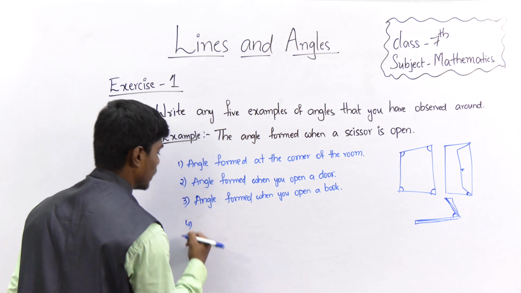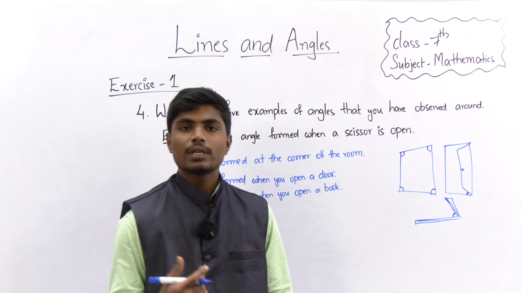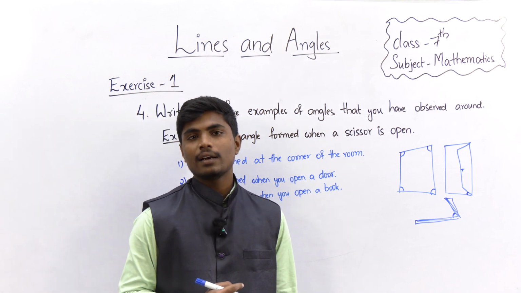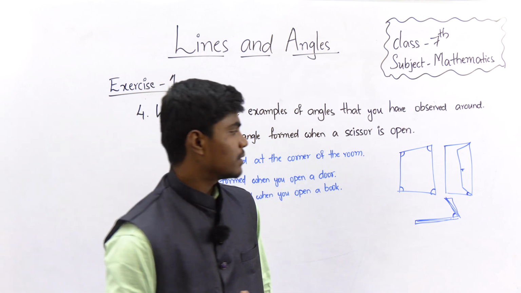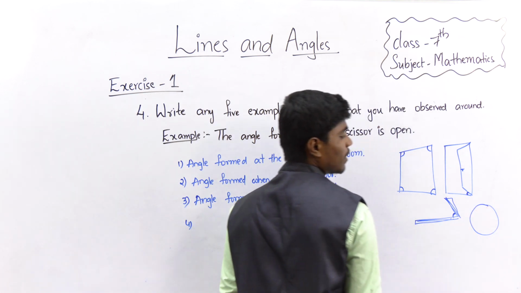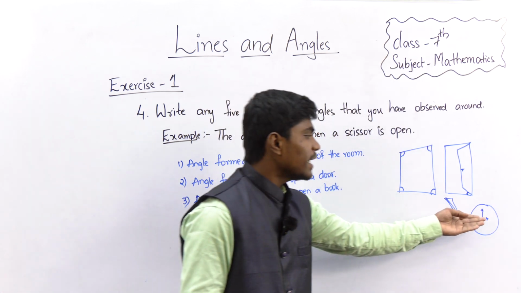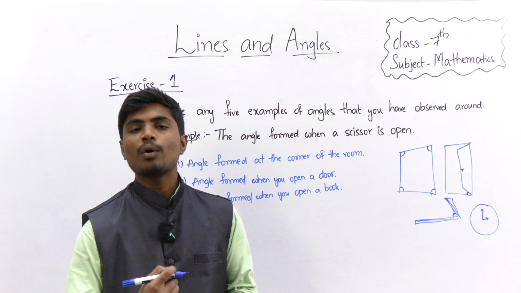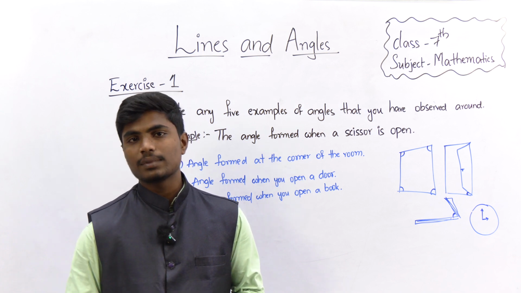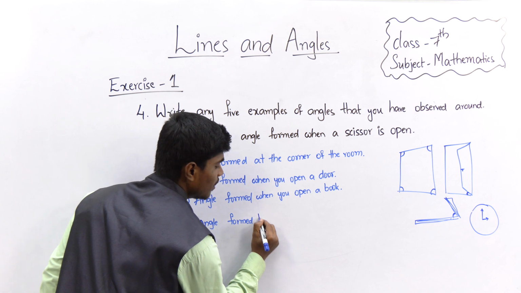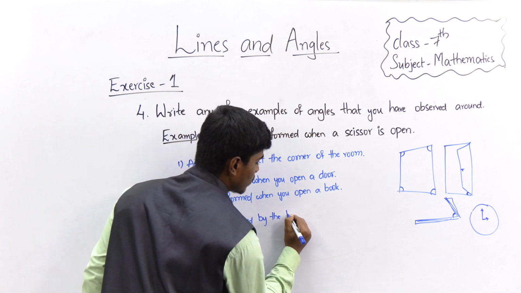Fourth one. In your house there is a clock, and the hands of the clock make an angle at different times. Here this is a clock. We have a minute hand and an hour hand. These two hands form an angle at different times. So angle formed by the hands of a clock.